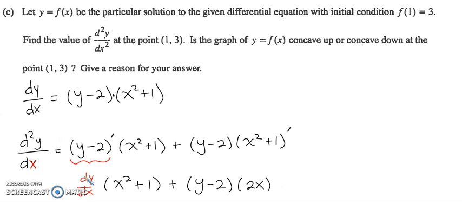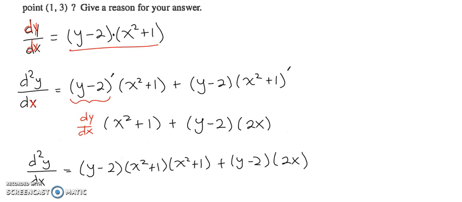Now the trick here is that we know what dy over dx is, it's what was given to us at the beginning, so I'm going to go ahead and replace it with that. So this is what we get. Now we're ready to input our initial condition of f of 1 equals 3. Don't forget that this implies x equals 1, y equals 3. So let's plug that in.